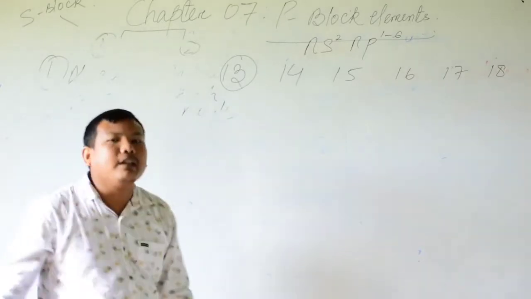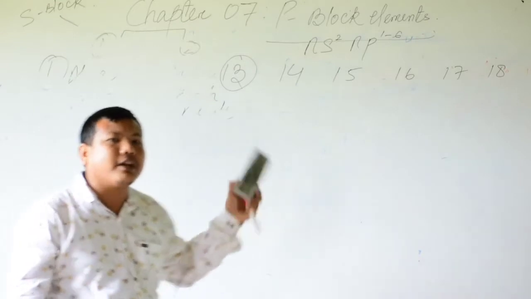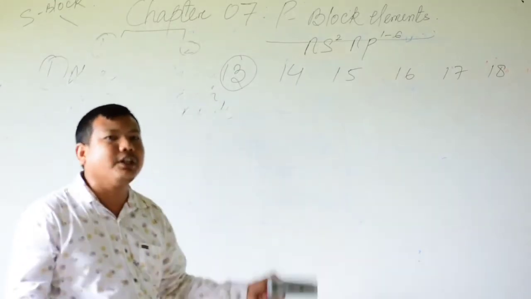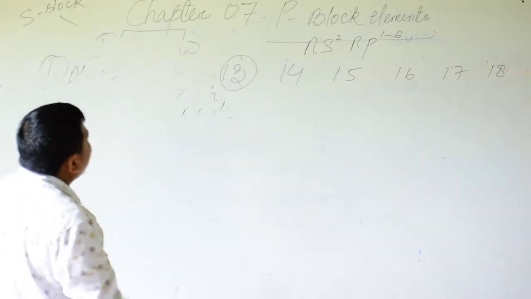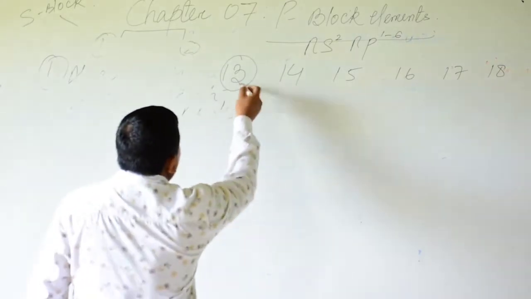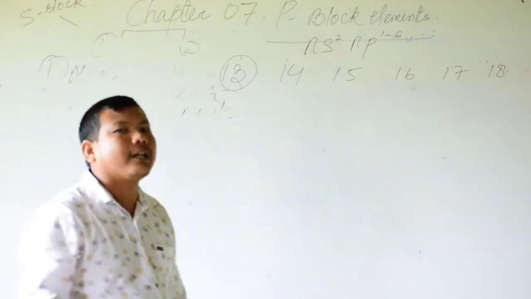Today we will be learning the atomic size of P block elements, atomic radii, ionization enthalpy, configuration, and the reactions. So I will start from 13. What elements are there according to the atomic number, atomic mass number and atomic size?